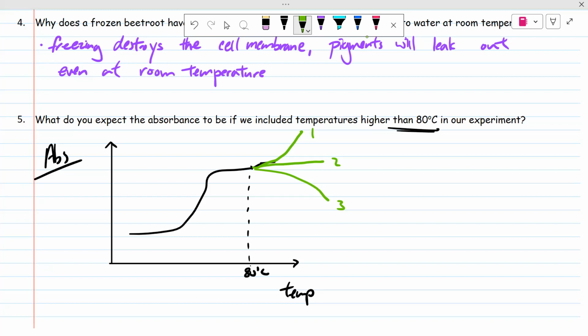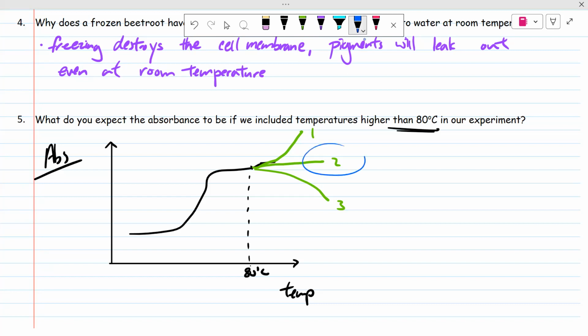Because at 70 and 80, the membrane is already destroyed. If you heat it up more, it's not going to destroy it more. It's already completely destroyed by that point. So that's why going to a higher temperature will not change the absorbance.